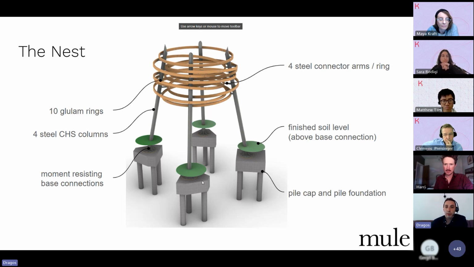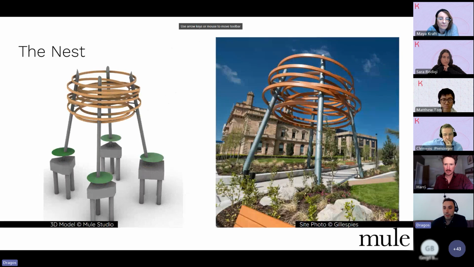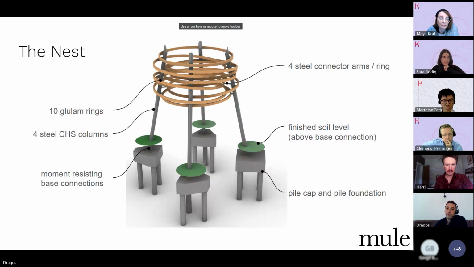What I'm showing here in green is the relative finished soil level for each of the legs. As you can see in this picture, they sit in the landscaped areas, and some were a bit higher, some a bit lower, but the base connections had to be hidden away from view.